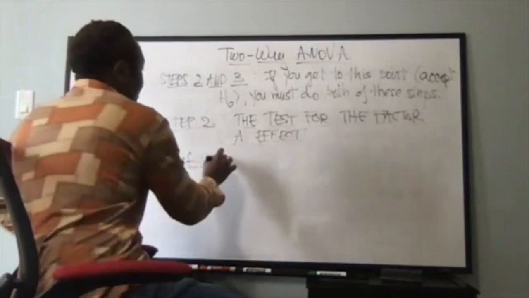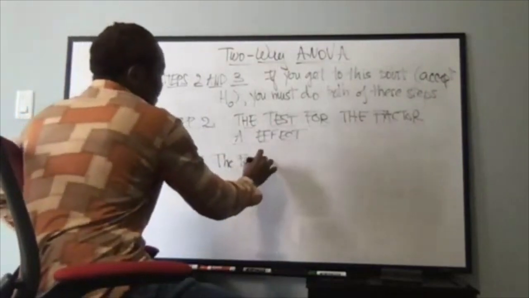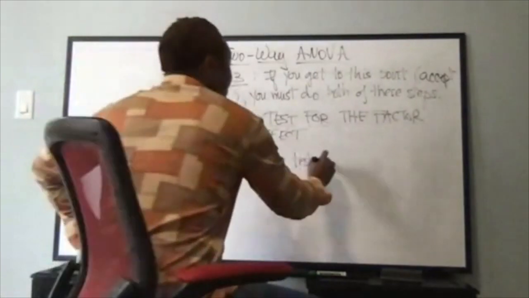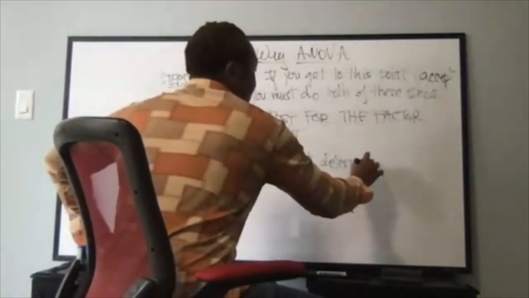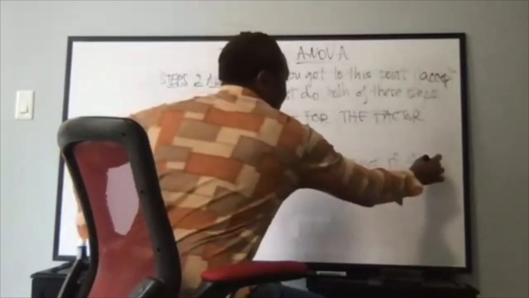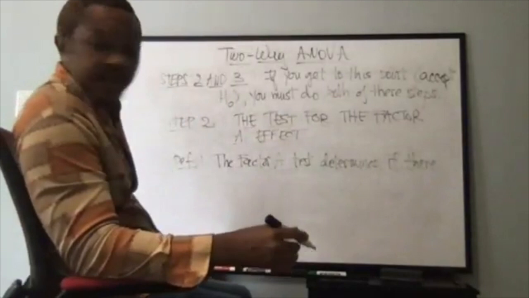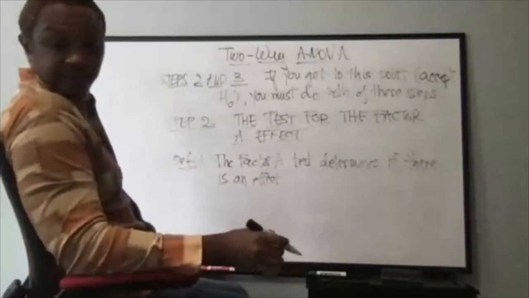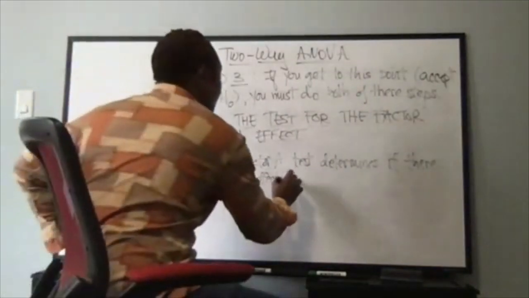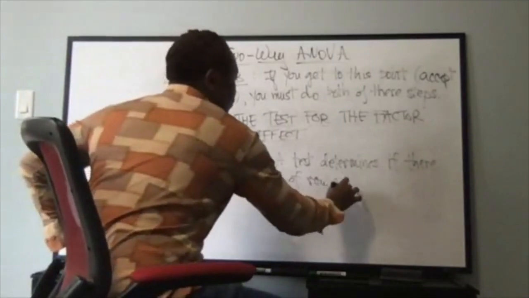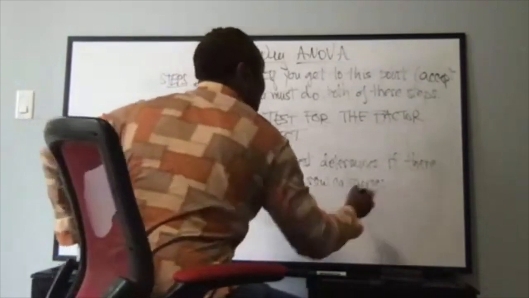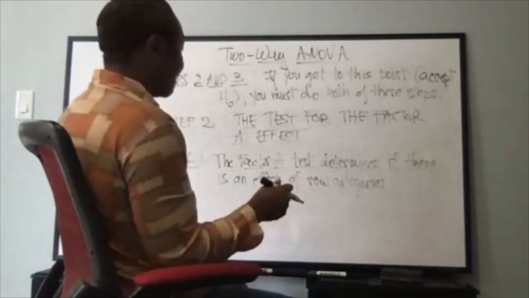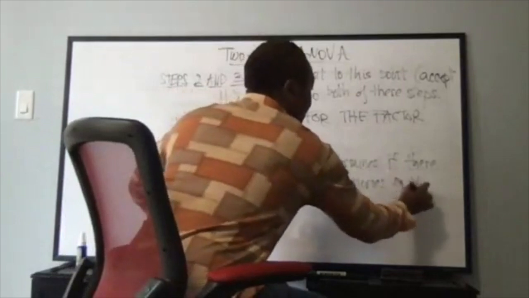As you may expect, the factor A test determines if there is an effect of row categories on the data.